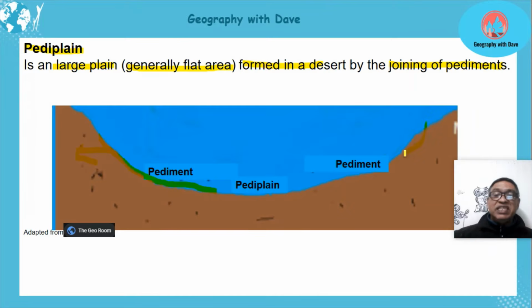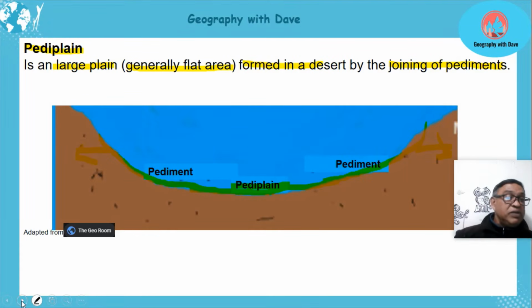Now, let's look at this side. That's also a pediment. You understand? And as it recedes, it increases in size. This area gets flatter and they join, forming a pediplain. So we know what a pediplain is, a large flat area. We're just going to fool around with concepts first so that we know we're safe.